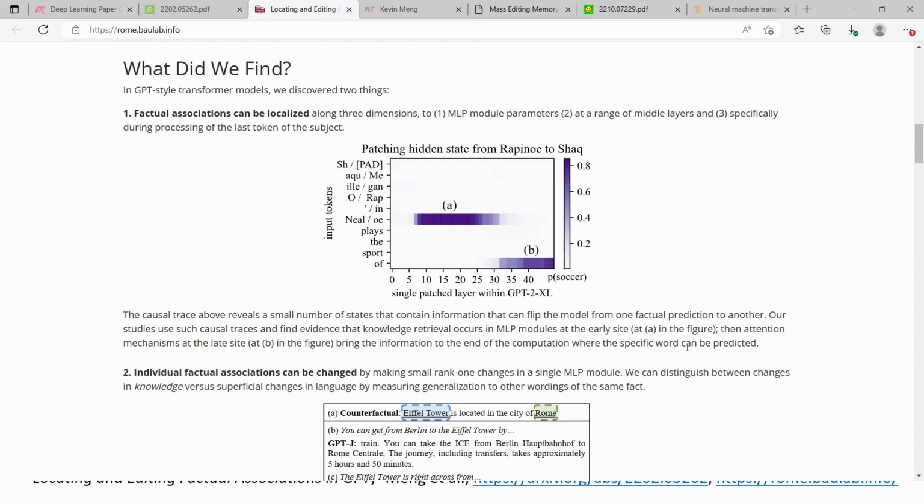So it wasn't quite that localized, but basically they were able to, with 99% success, make edits to just a single MLP. And that will change it from Seattle to Rome, or from CBS to Showtime, or whatever.